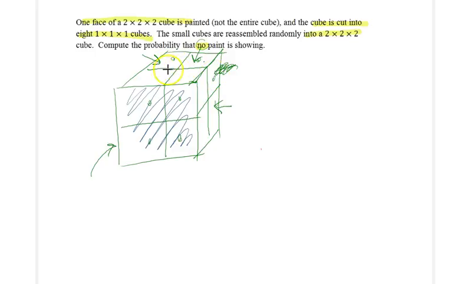So the part that is relevant for us is the 4 cubes in the front, those 4 cubes that have one face painted. So those little cubes that have only a single face painted are the ones that we will have to consider.